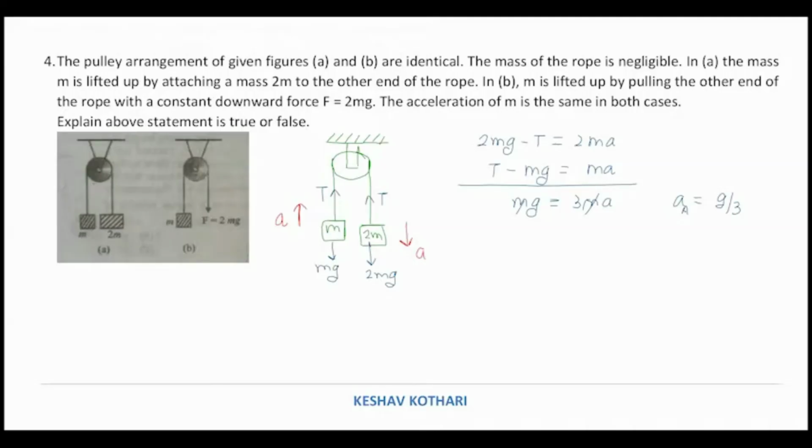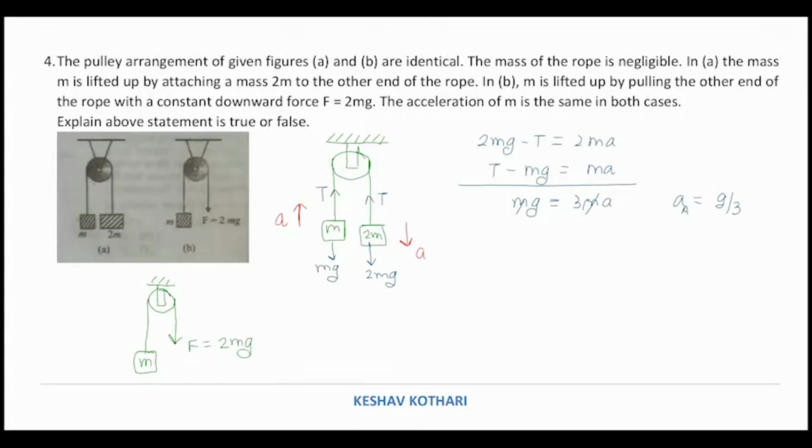Now in the second case over here, the diagram will be something like this. A mass m is attached here, and on the other end a force of 2mg is acting in the downward direction.